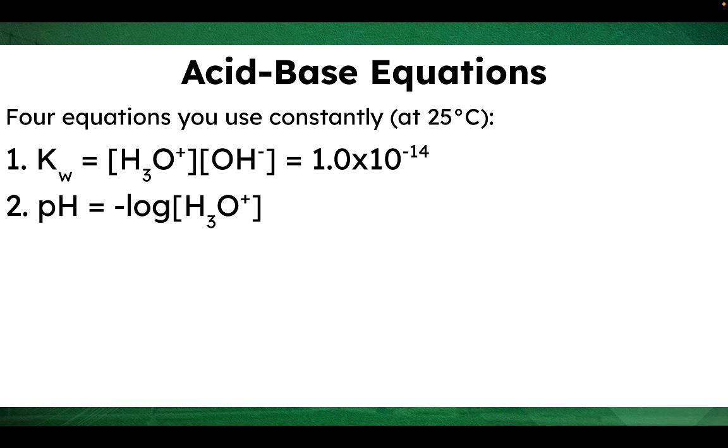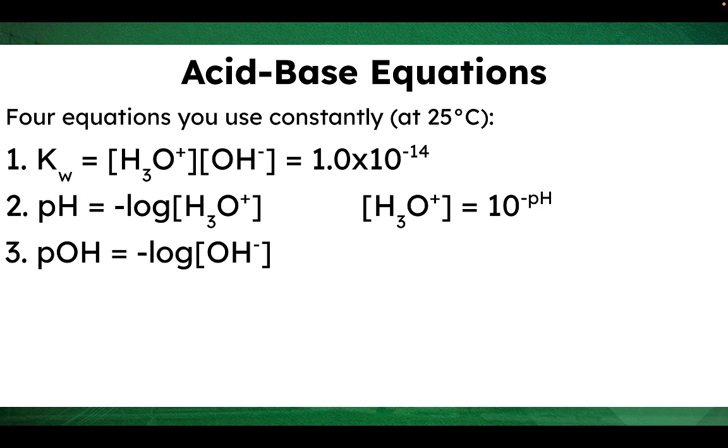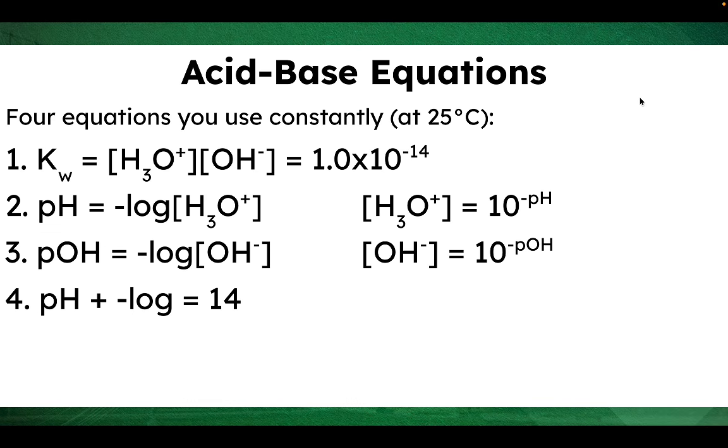Or if you want to get the concentration of the hydronium ion, the formula will be 10 raised to negative pH. pOH can be solved using the negative logarithm of the hydroxide ion concentration. Now, if you want to get the concentration of hydroxide ion, this is equal to 10 raised to negative pOH. And lastly, you should remember that at 25 degrees Celsius, when you add pH and pOH, you'll get 14.